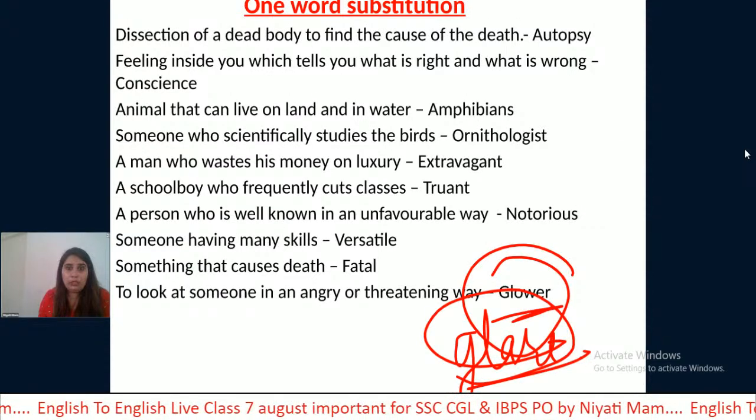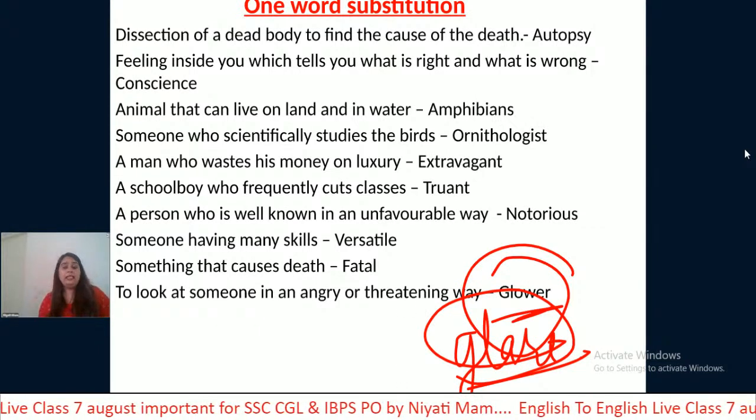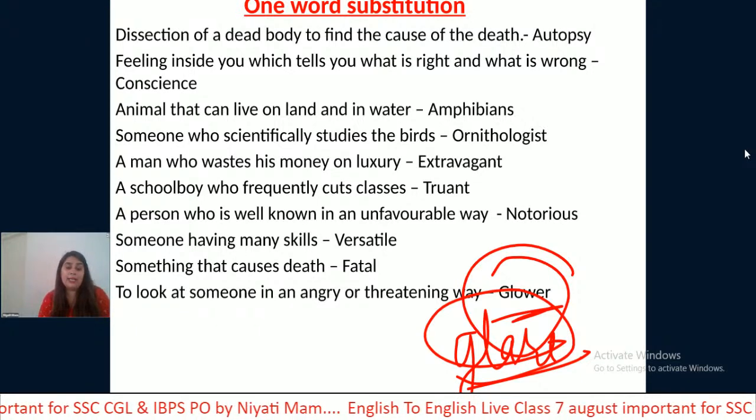Oh, maybe I've forgotten to add the slide here. No issues. Let us revise these one word substitutions.